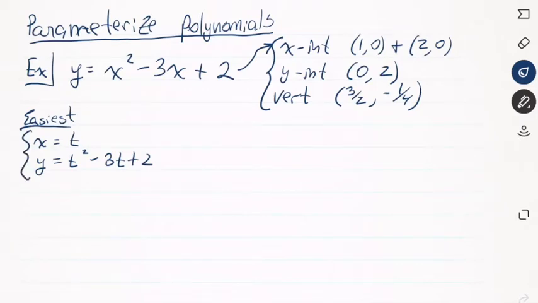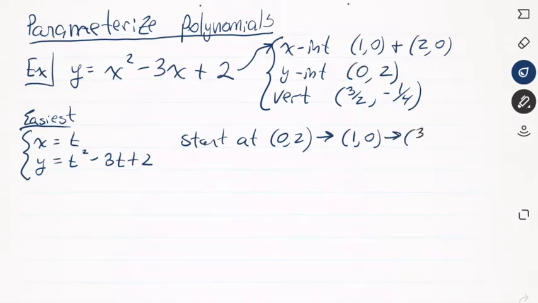Now, what happens with this parameter is when t is equal to 0, you're going to get y is equal to 2. So the graph is going to start at the y-intercept. So it's going to start at 0, 2. And as t increases, you're going to generate points that are thereafter. So 0, 2 is going to then go to 1, 0. That's going to graph next the point 3/2, negative 1/4.